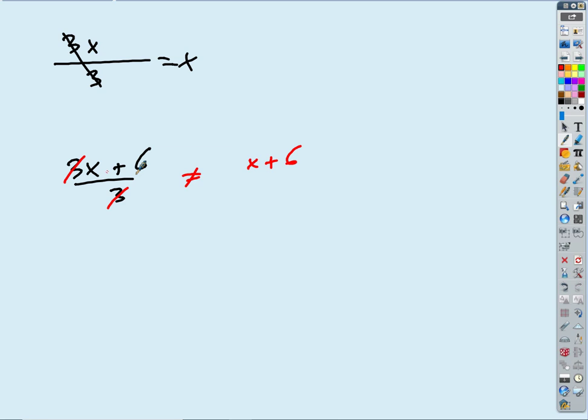Now what I could do is factor a 3 out of the top. If I factor a 3 out of the top, what am I left with? x plus 2, right? Good. Divided by 3, and I could cancel those. That's fair game, because that 3 is being multiplied by everything else on the top, so it can cancel. Get the idea?